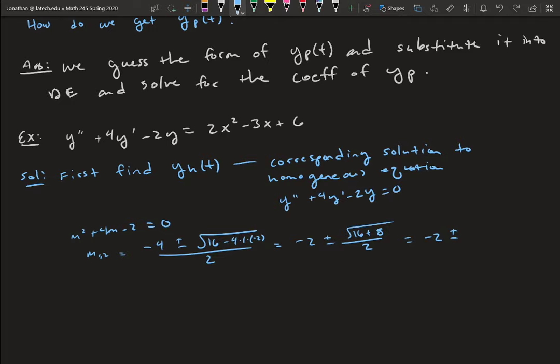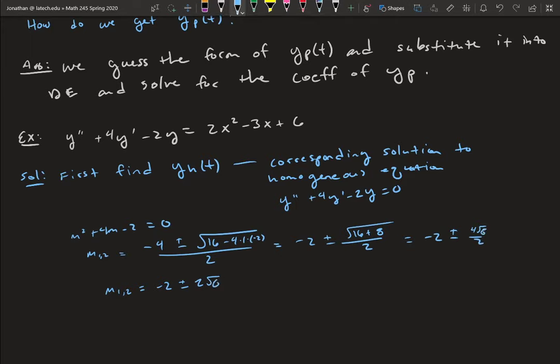That'll give me 4 times 6. So 2 square root of 6 over 2. So m1,2 would be negative 2 plus or minus square root of 6.